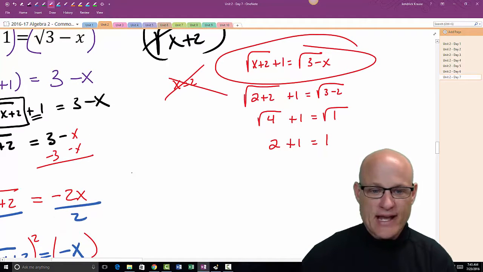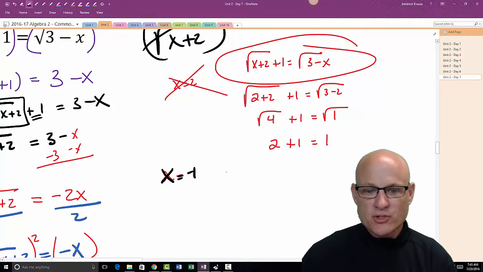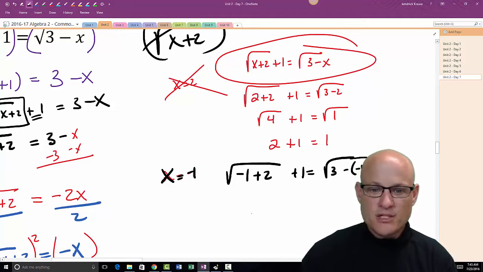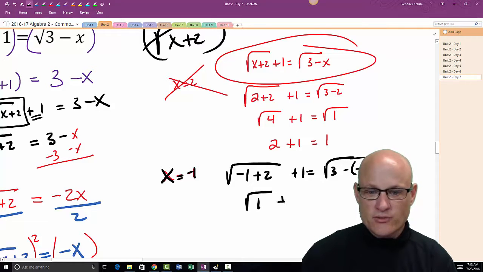Check it again. Now we're going to plug in x equals negative 1. Let me do this in a different color. So the square root of negative 1 plus 2, plus 1. Does that equal the square root of 3 minus negative 1? So this is just the square root of 1 plus 1.